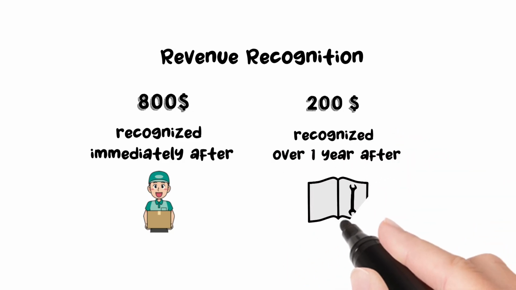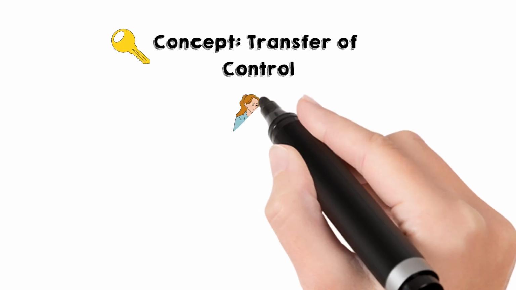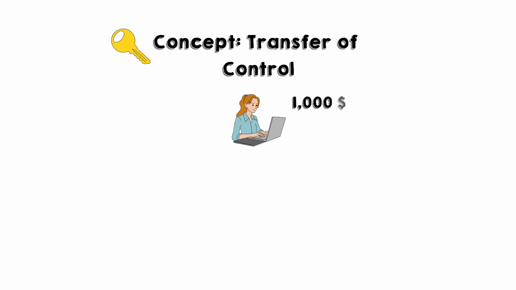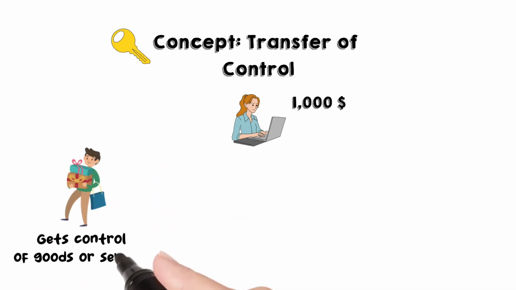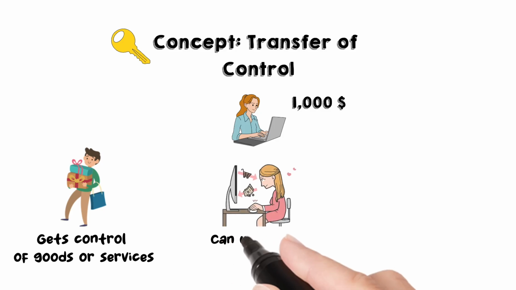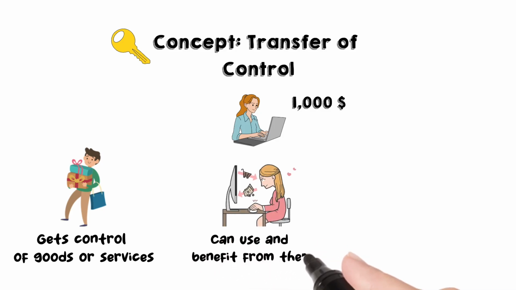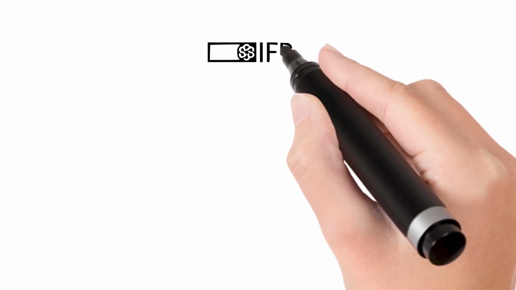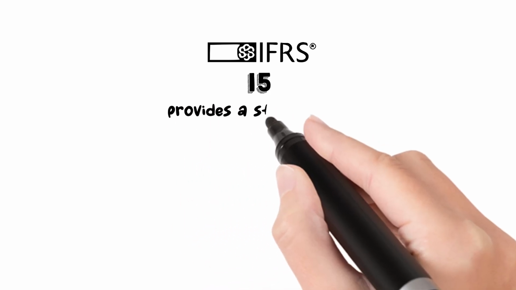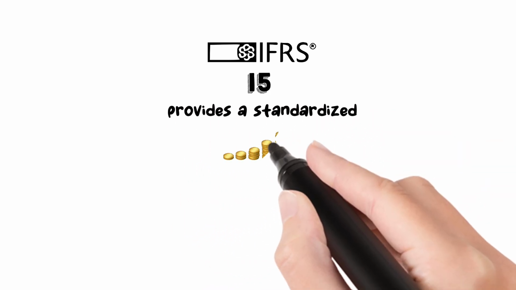Key concept: transfer of control. Revenue is recorded when the customer gets control of goods and services. It can use and benefit from them, not just when cash is received. IFRS 15 provides a standardized revenue model.